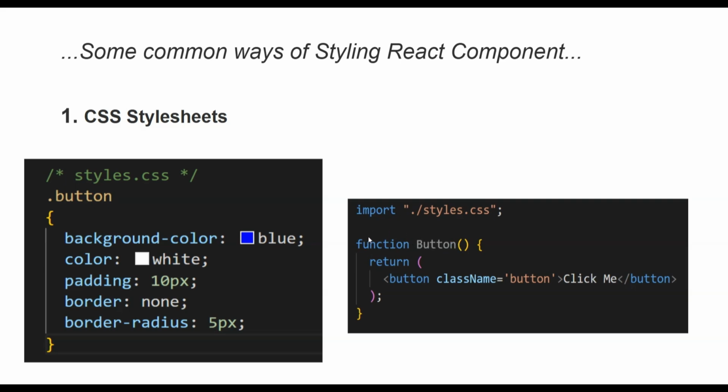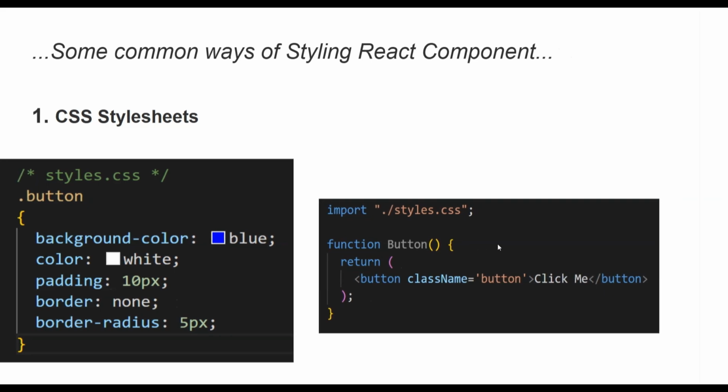All we need to do is import the CSS file in this button component, and then apply the class name, which is the class we've declared, to this button element in the component. This is one of the popular and clean ways of styling a React component.